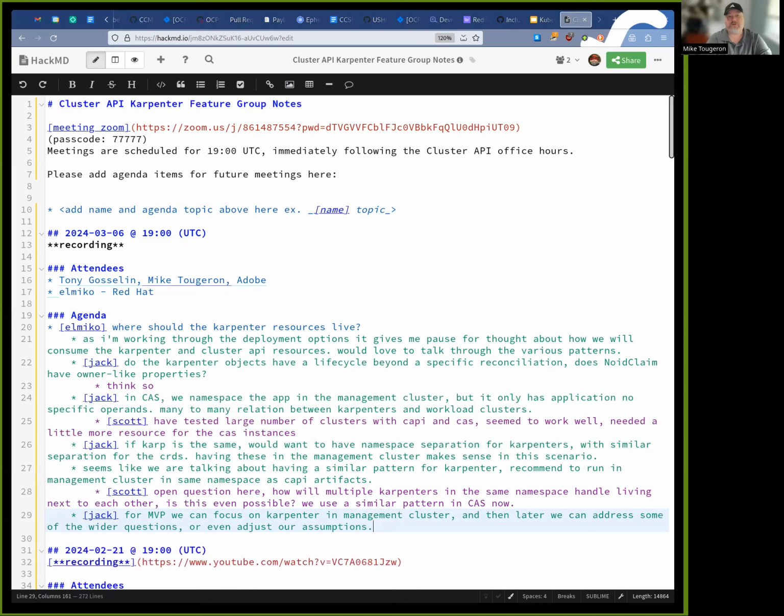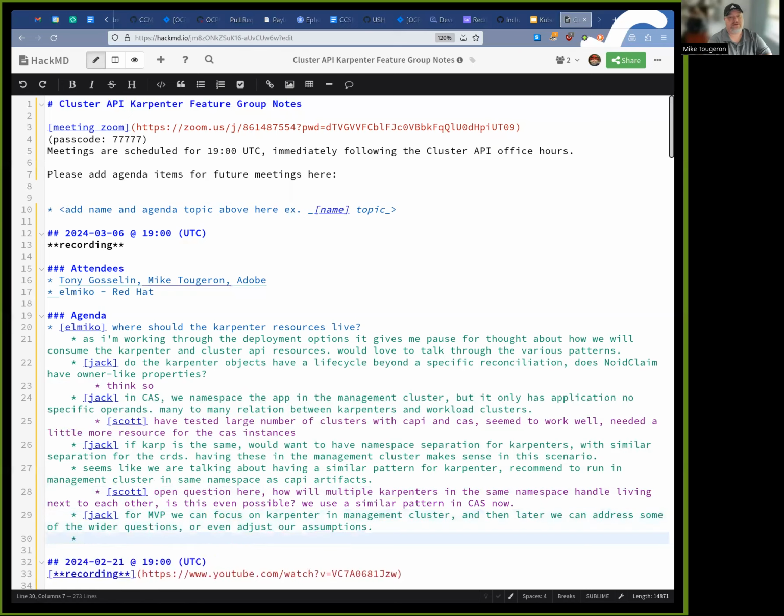I was just going to throw out there, and this is just something that we probably need to get over, my team has hesitancy to run everything through a management cluster, from the cluster autoscaler or Karpenter. Not for any one particular reason, but because of the fear of all the eggs in one basket when it comes to autoscaling.